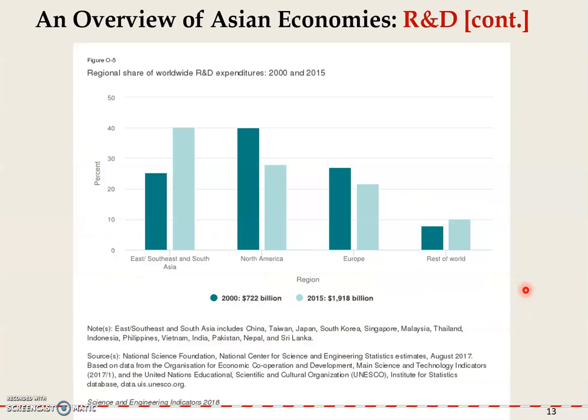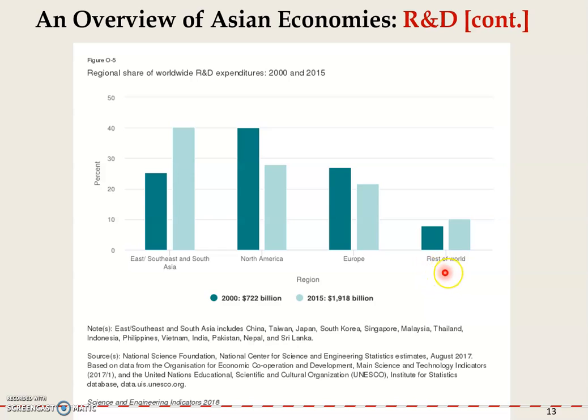All right, we have one more chart about the R&D spending, especially the trend in recent years. And this time, instead of focusing on the individual economies, we look at the regions. We compare across regions. The first one is East and Southeast and South Asia. The second one is North America.